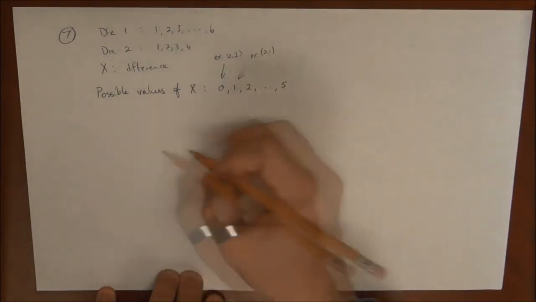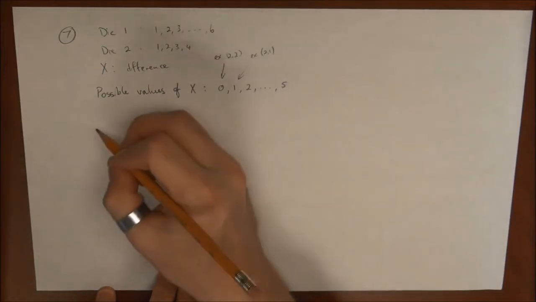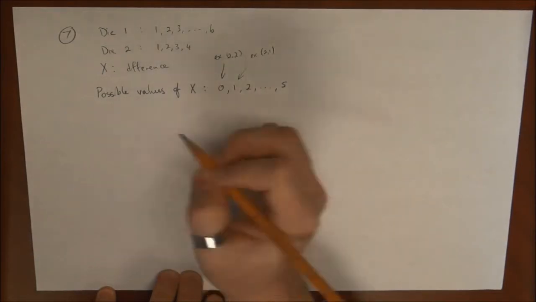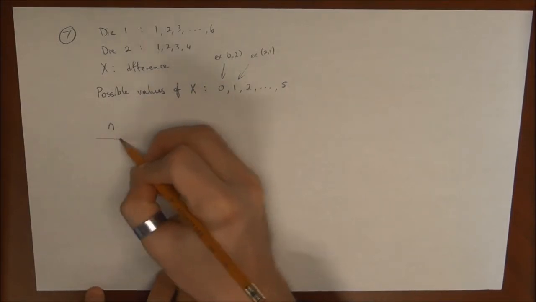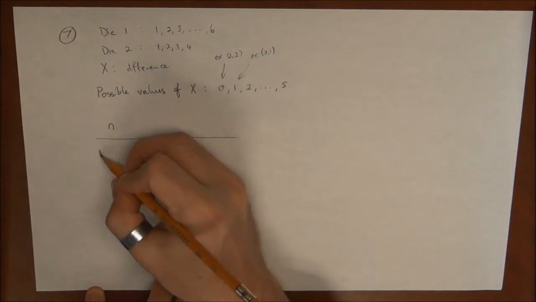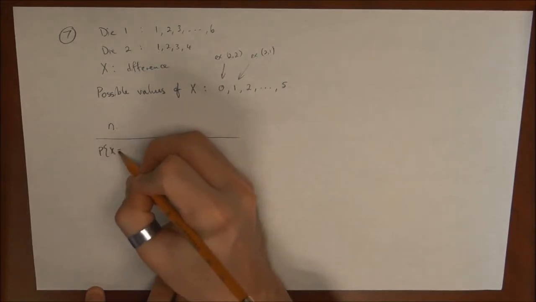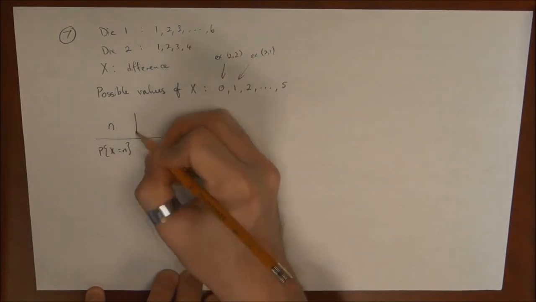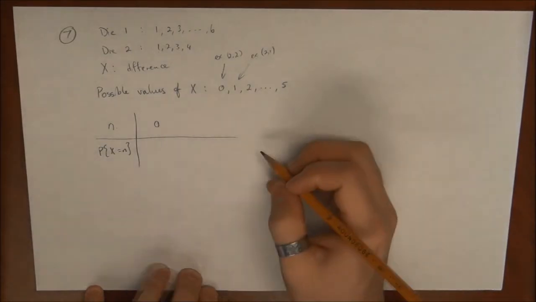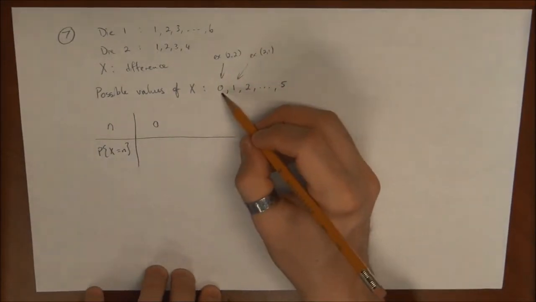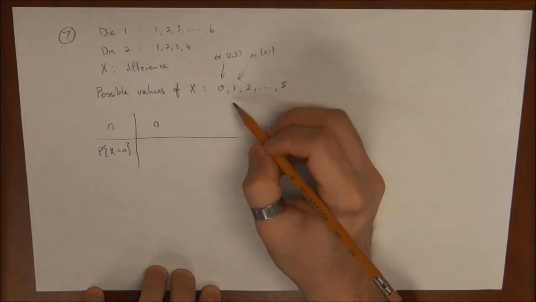So I can do that separately, or I can do that as a table. To state my probability distribution, I could say let's have the different numbers, and then I'll have the probability that x equals that number. So the number 0, what is the probability of getting 0 as the difference between two numbers?